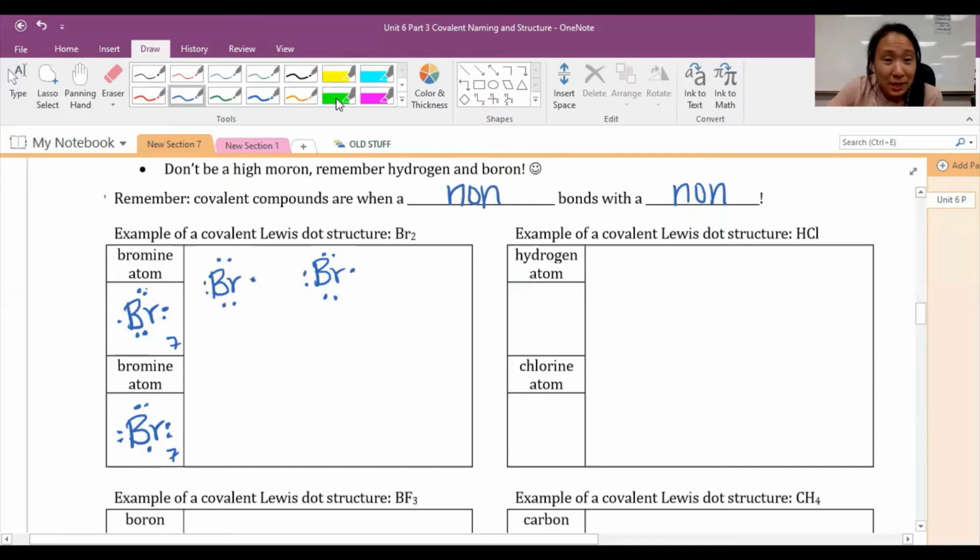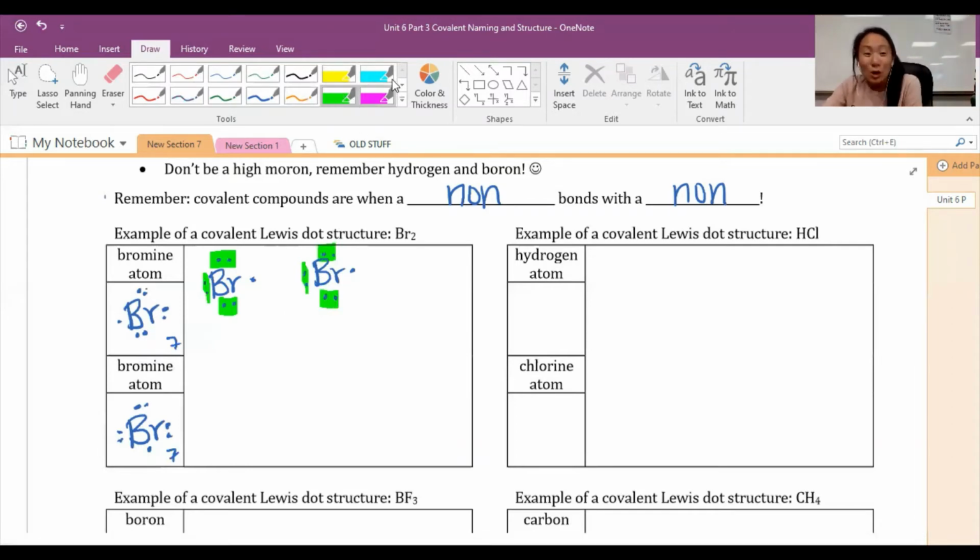So you see here that these electrons come in a pair, right? They have a friend, they have a buddy. These electrons come in a pair, and also these electrons come in a pair. So all of these pairs of electrons have a friend, okay? Now we have some solo electrons. This electron is all by itself, and this electron is all by itself. So what are we going to do? We're going to hold hands.